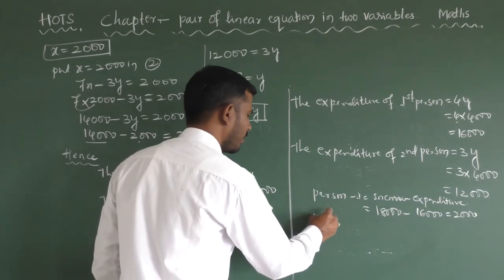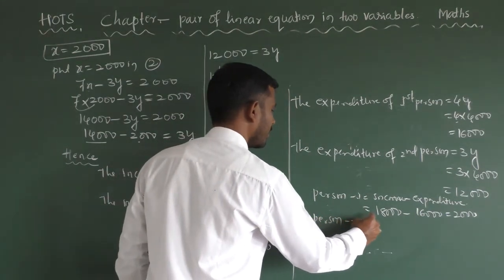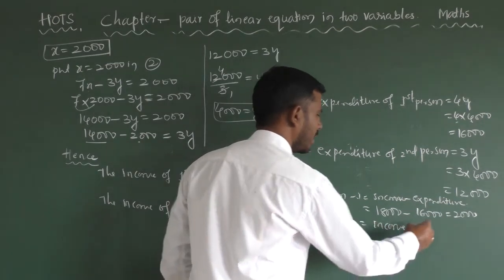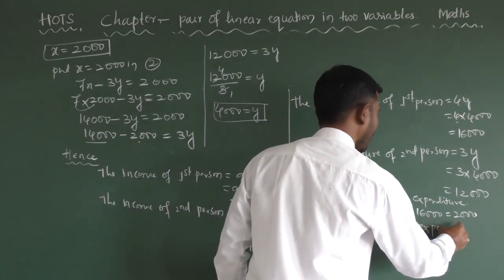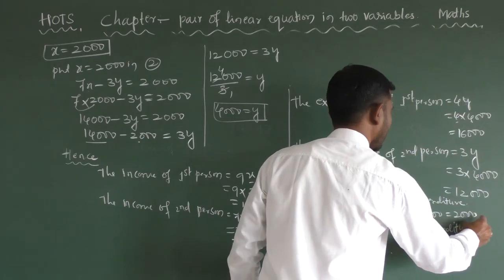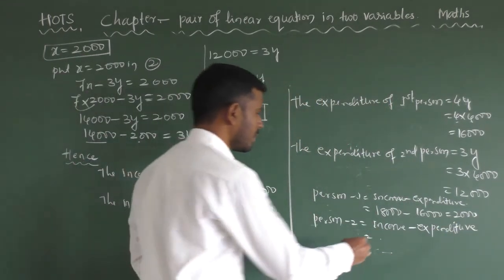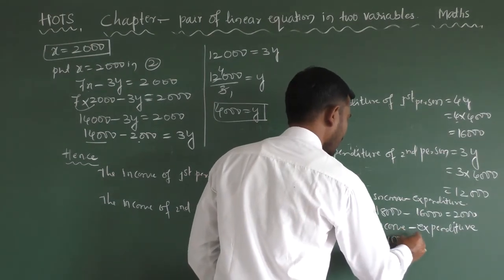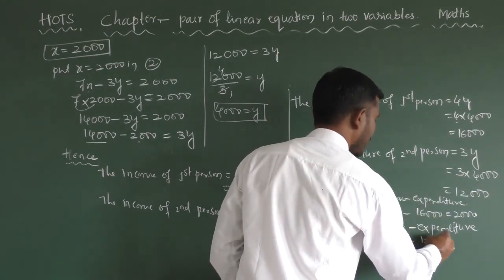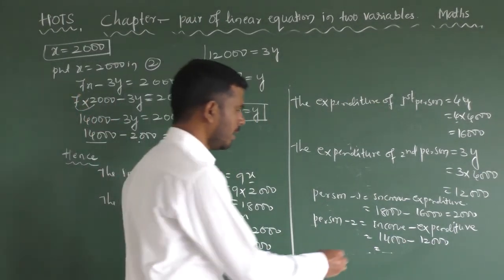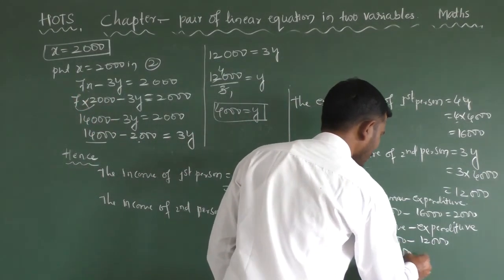Next, person 2: income minus expenditure. The income of the second person is 14,000 and the expenditure is 12,000. 14,000 minus 12,000 is 2,000.